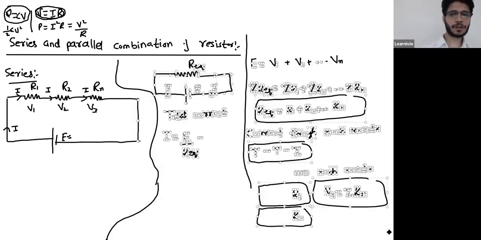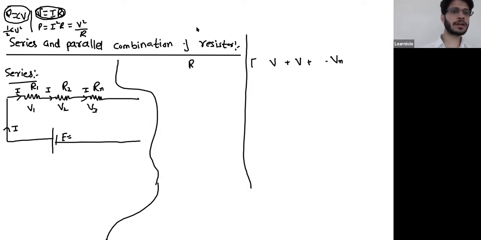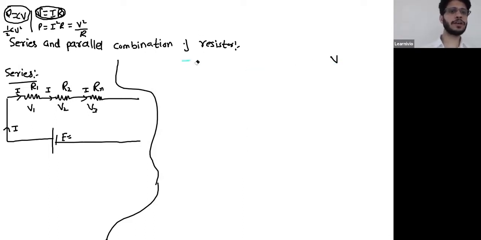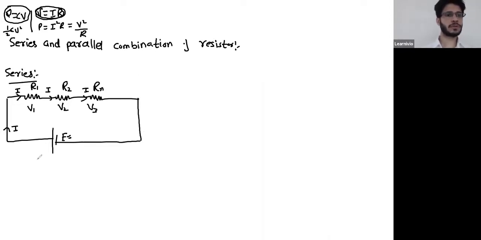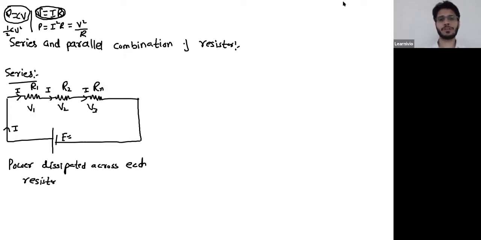So after calculating current, voltage and equivalent resistance, let's move on to power dissipated across each resistor.